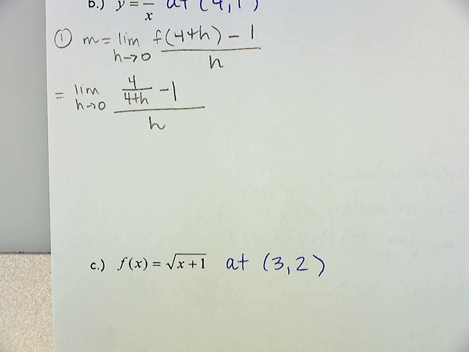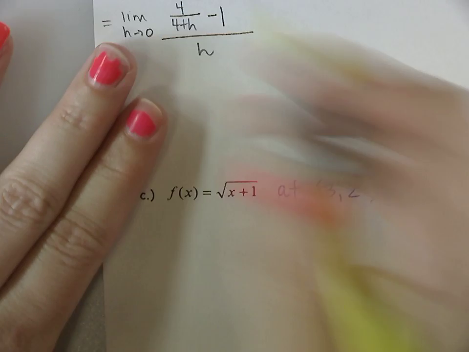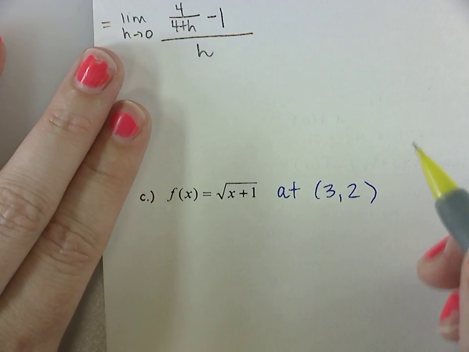Remember yesterday, if you had this situation, if the denominator was 0, what did we try to do with the rest of it? We tried to simplify it in some way, right? Didn't we have lots of different ways that we could simplify? We did rationalizing, we did factoring, okay?